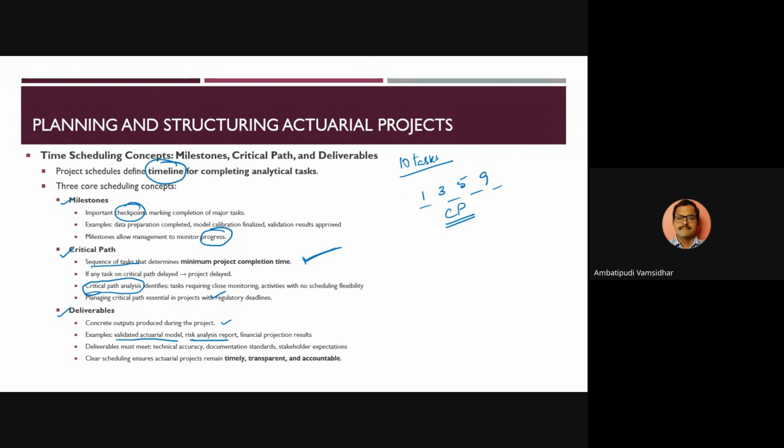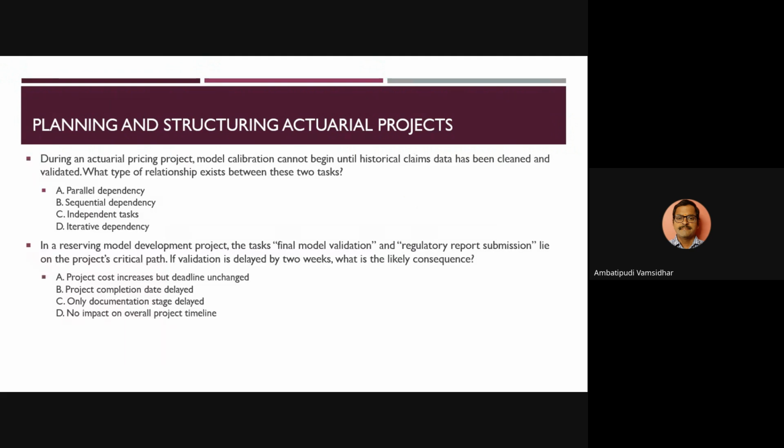Okay. So, which means the more and more properly you are scheduling, overall the actuarial projects may remain more and more timely, more and more transparent, bringing in a lot more accountability into the process as such.